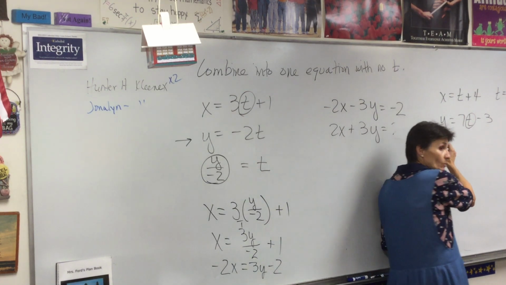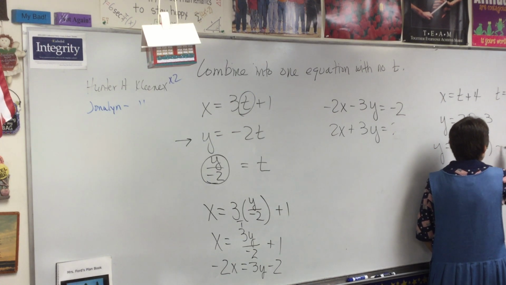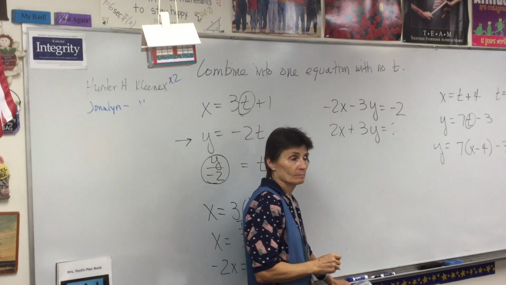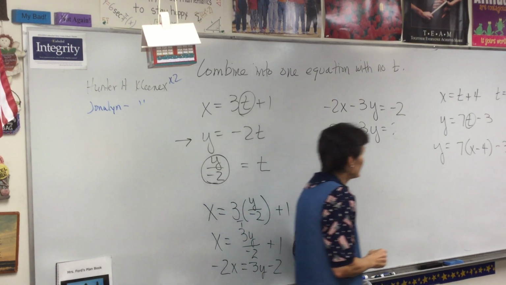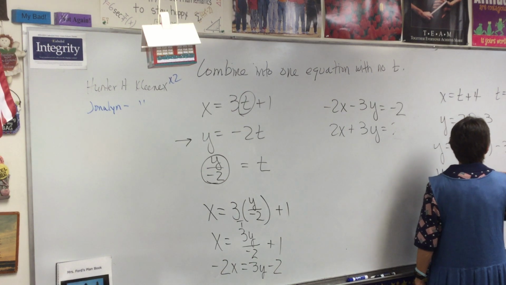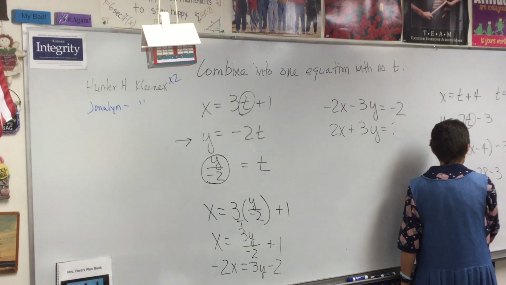So y equals 7 times x minus 4 minus 3. Let's clean it up a little bit. So y equals 7x minus 28 minus 3, or 7x minus 31.